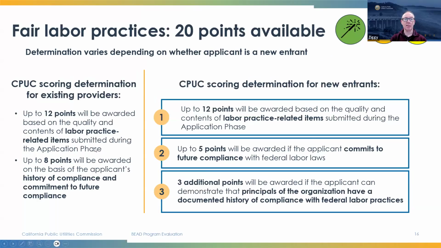Fair labor practice, 20 points are available for that, and there are 2 aspects of this. Up to 12 points will be awarded for the quality and contents of labor practices that you would adopt and commit to, and up to 8 points will be awarded based on your history of compliance and commitment to future compliance.